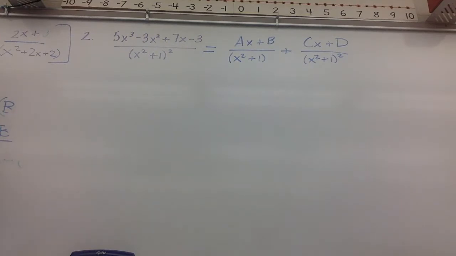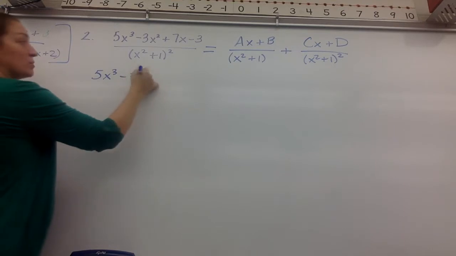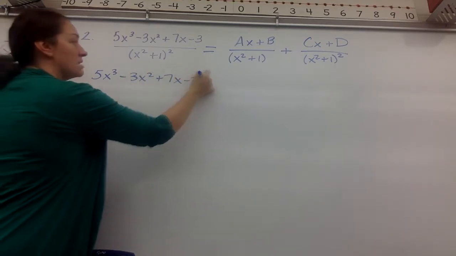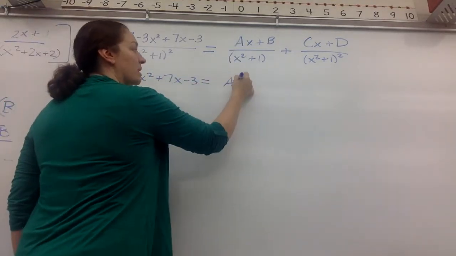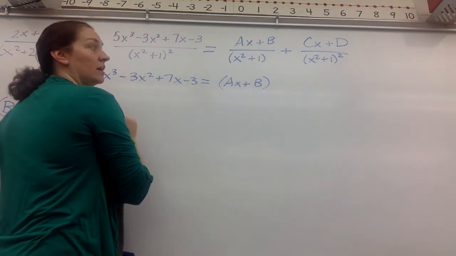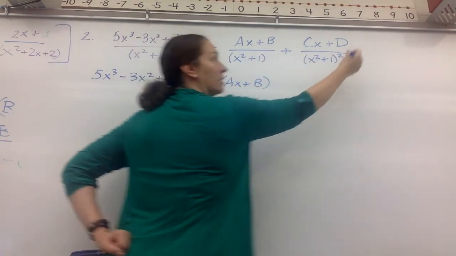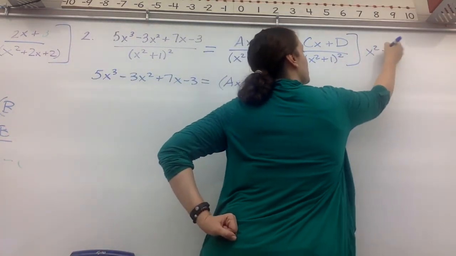So what I would like you to do is try taking 5x cubed minus 3x squared plus 7x minus 3. What is ax plus b missing? What's this first fraction missing if this is my LCD, x squared plus 1 squared?